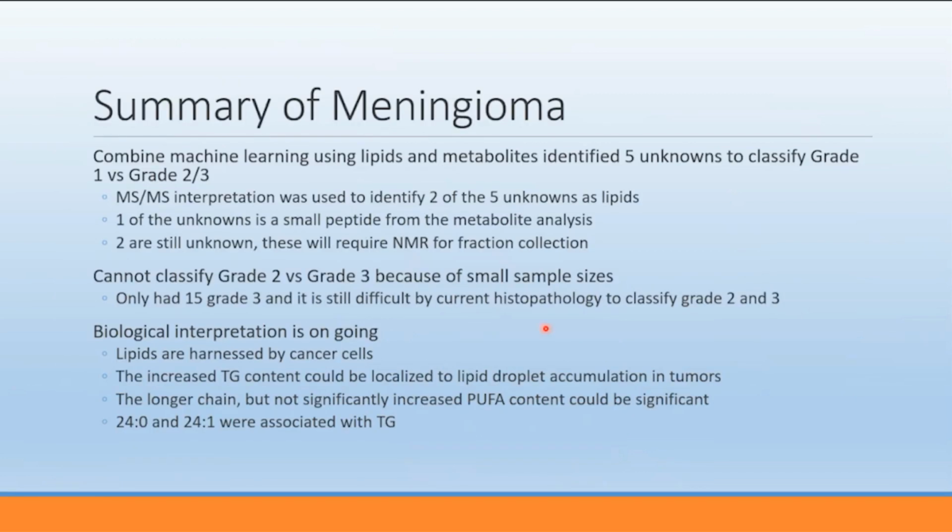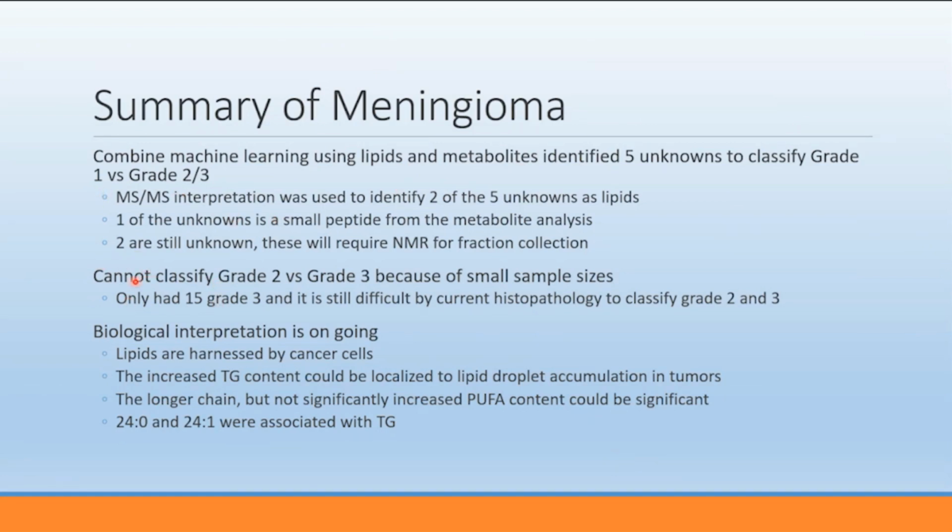And so as a summary of this meningioma study, we were able to use machine learning with a combined data set of metabolites and lipids to identify 5 unknowns that were highly significant in grading tumors based on 1 versus 2 and 3 at a 90% precision rate. We were able to identify only 3 of those and 2 still remained unknown.